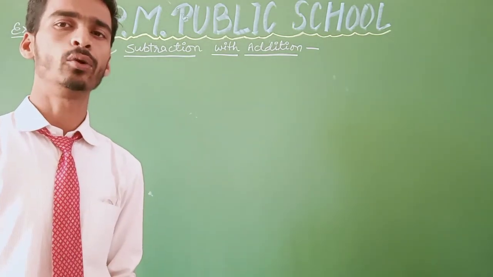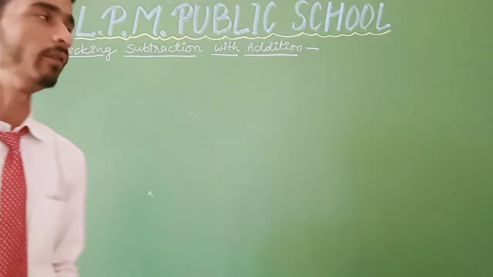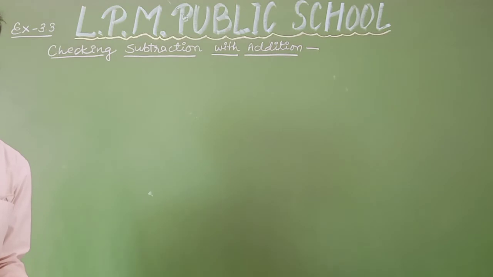Today, students, we have to learn checking subtraction with addition, because on the last day we learned subtraction facts, subtracting with regrouping, subtracting from numbers ending with 0, subtracting a 2-digit number from a 2-digit number, subtracting from numbers ending with 1, and using subtraction to compare.